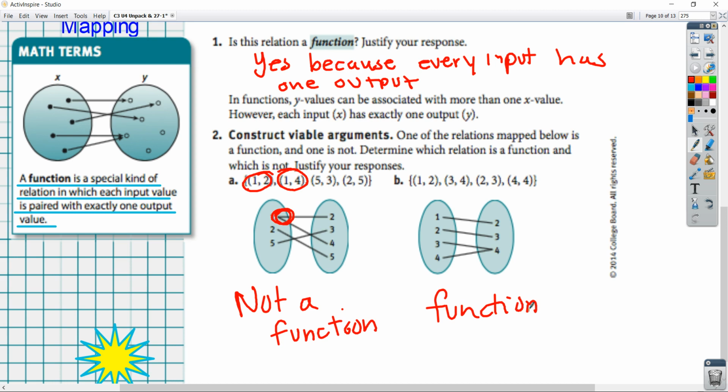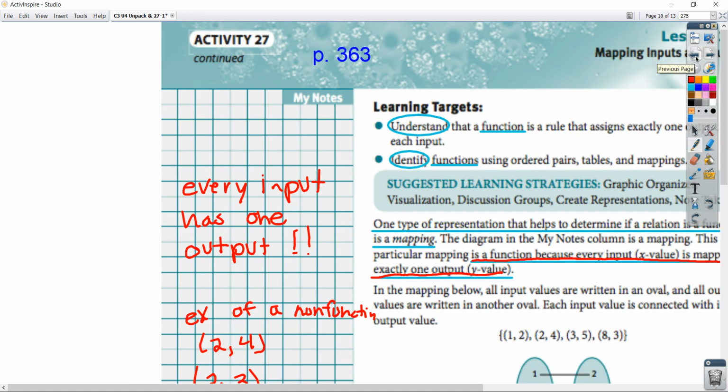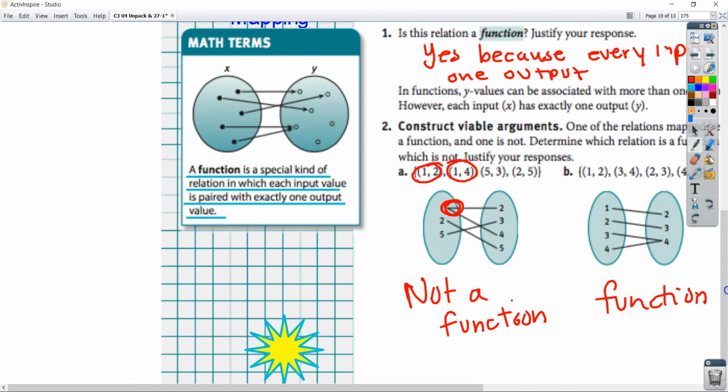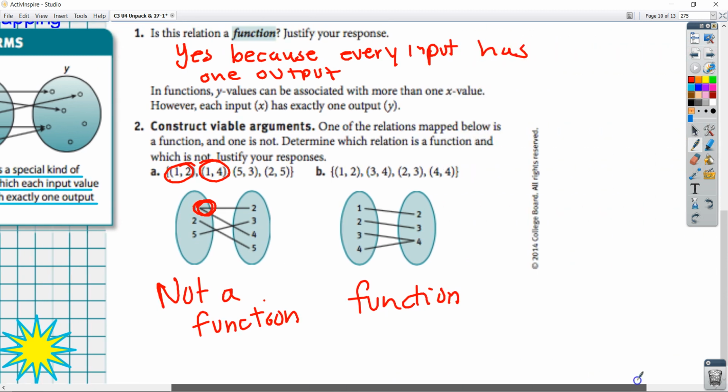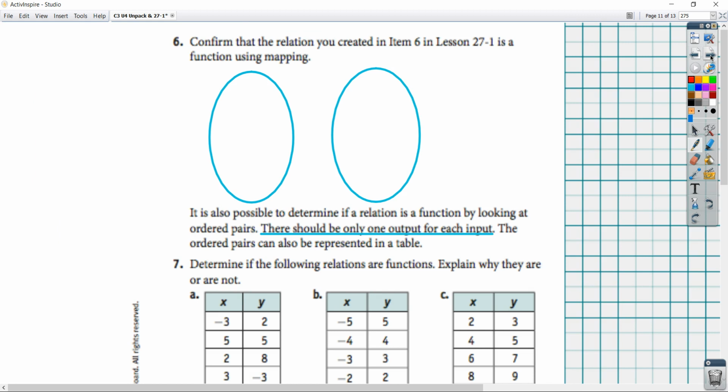I know that's a little confusing, but you'll get it once you practice. Next part. Confirm that the relation you created... Oh, that's not right. We haven't created anything. Maybe I didn't scroll far enough down. Oh, it wants us to go back to item 6 in lesson 27.1. That is really far away.